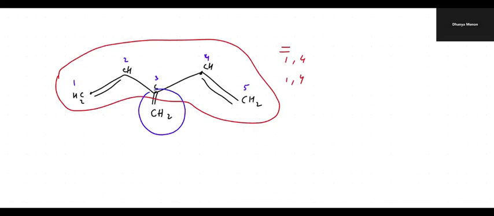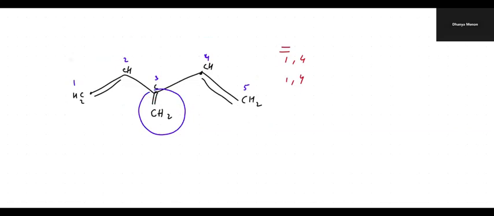Now, this substituent is directly connected to the main chain by a double bond. What is it called? We have not discussed this before. This is called alkylidene.